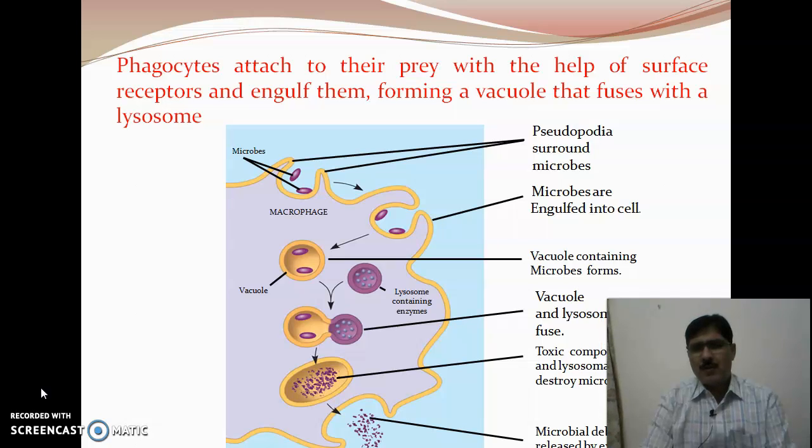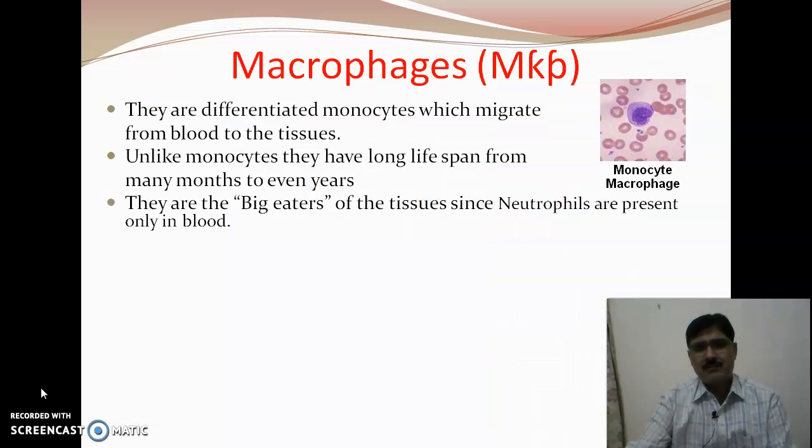After the vacuole formation, the vacuole plus primary lysosome fuse and thereby there is formation of secondary lysosome. The toxic compounds, acid hydrolases, and other lysosomal enzymes destroy the microbe, and the dead remains of the microbes are removed from the cells through exocytosis.